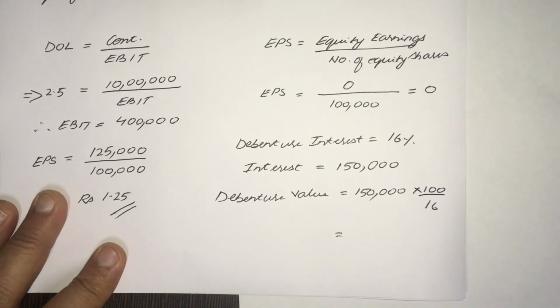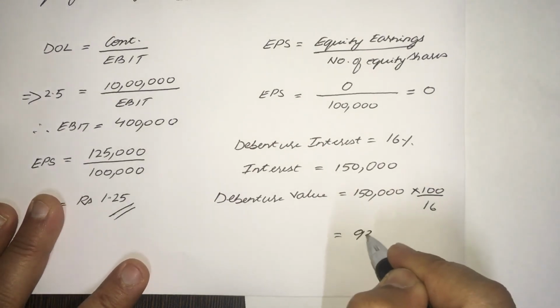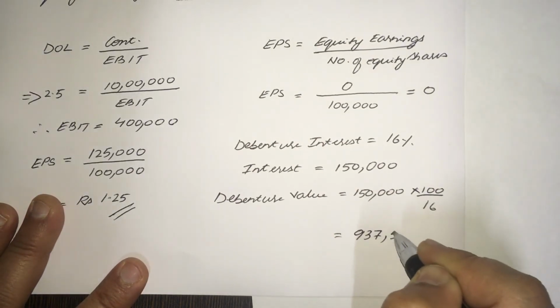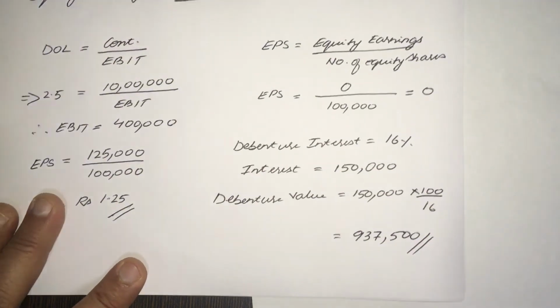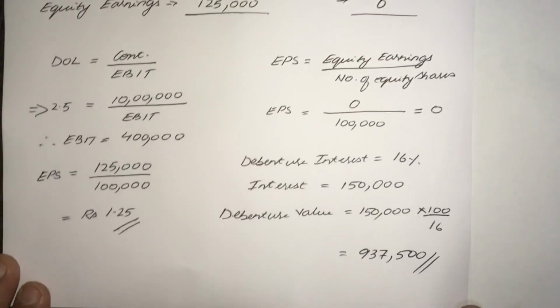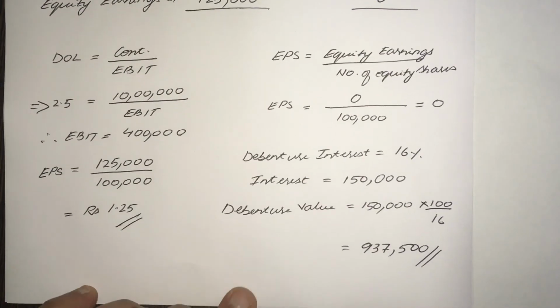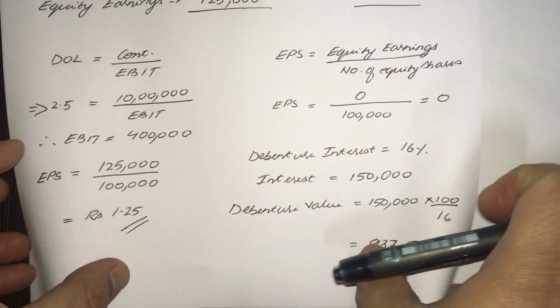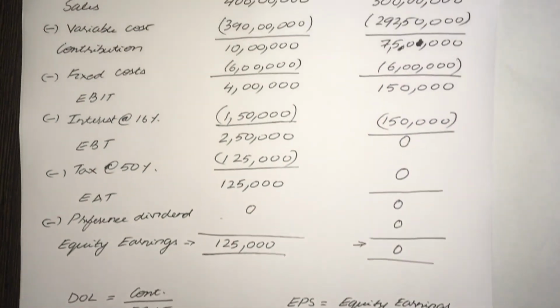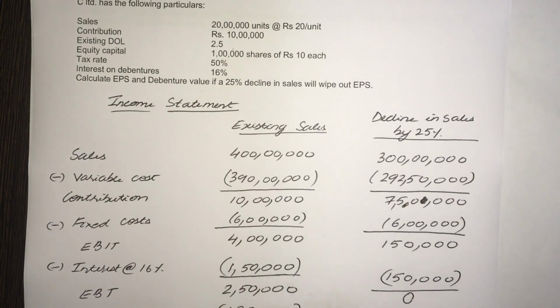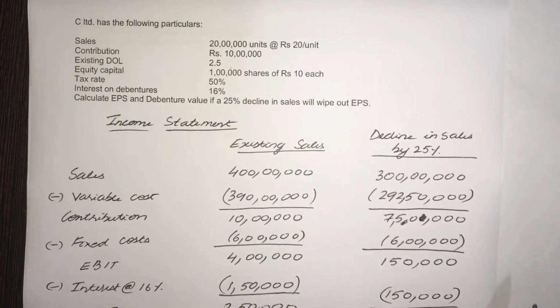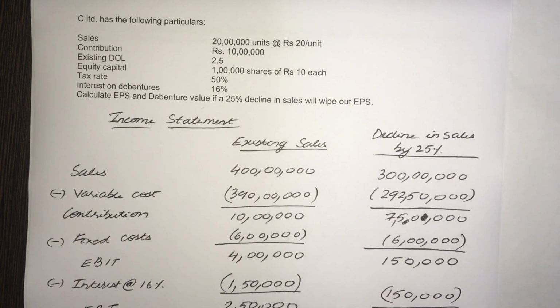That works out to 9,37,500. So that is how you solve a problem like this. We found out the EPS as well as the debenture value.